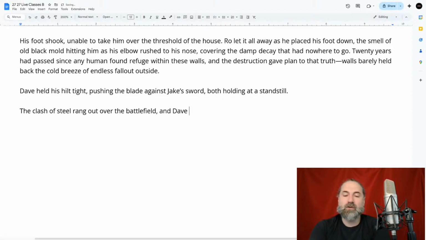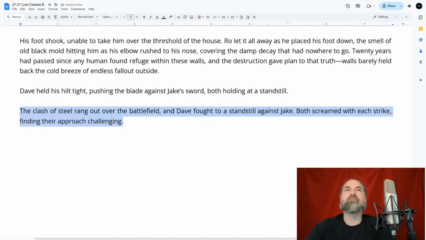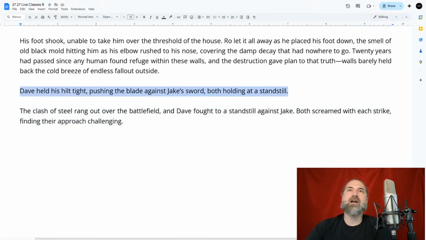Dave fought to a standstill against Jake. Both screamed, each strike fighting their approach. Whatever. This is more like telling, but these are two different styles of describing a fight.